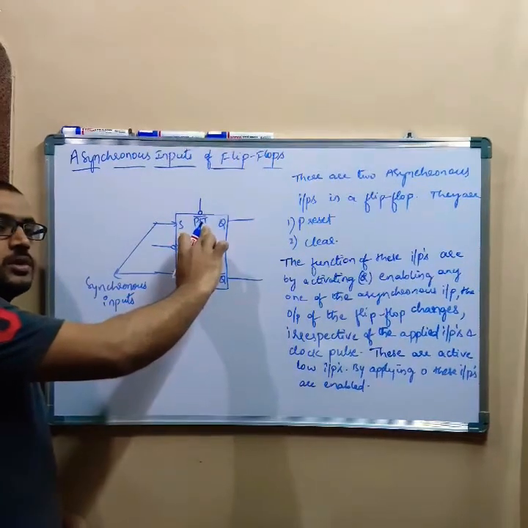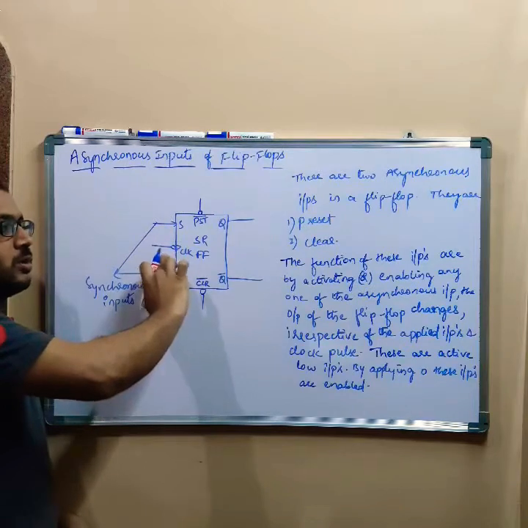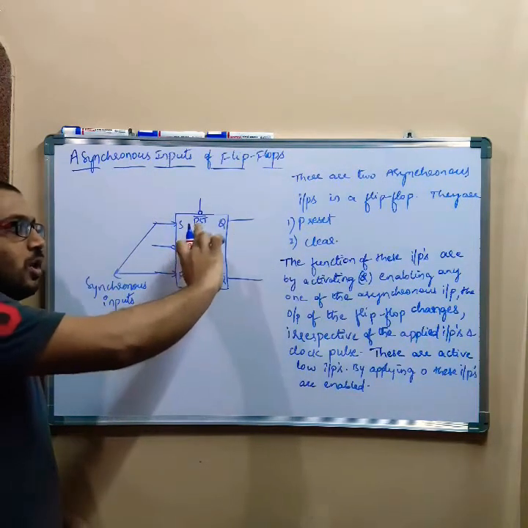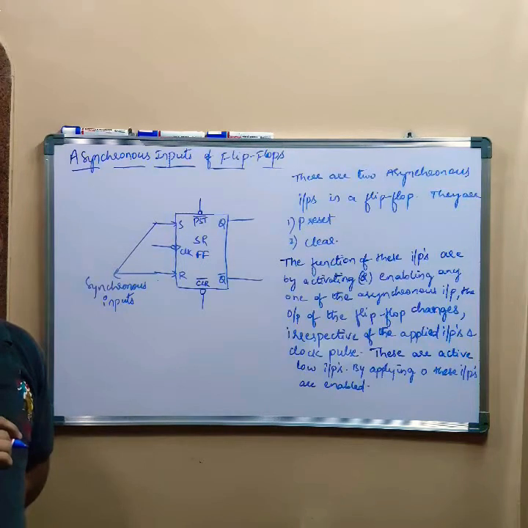If you activate preset, it produces the output continuously 1. Among these two asynchronous inputs, only one is activated at a time.